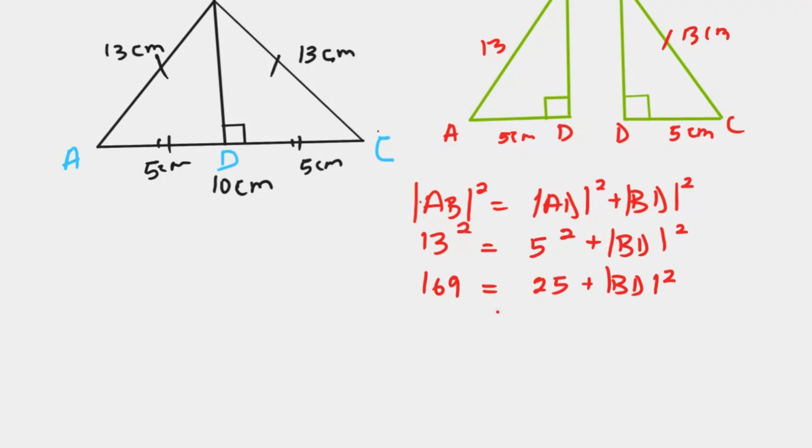So I have to take 25 to the other side. So we have 169 minus 25 equal to BD squared. And that will give me 144 equal to BD squared.